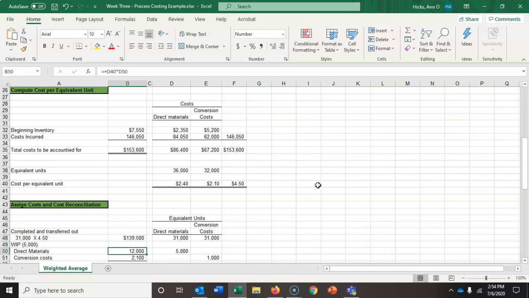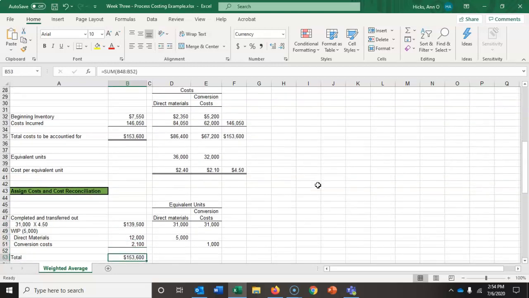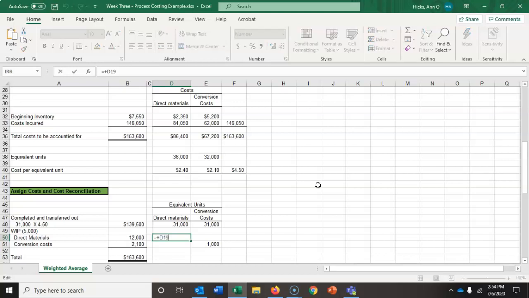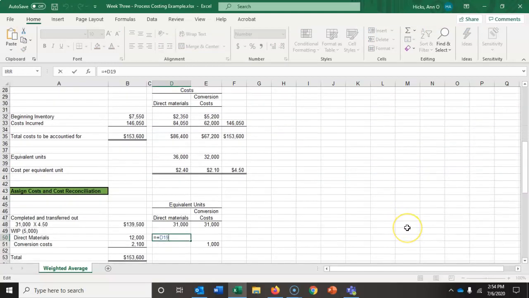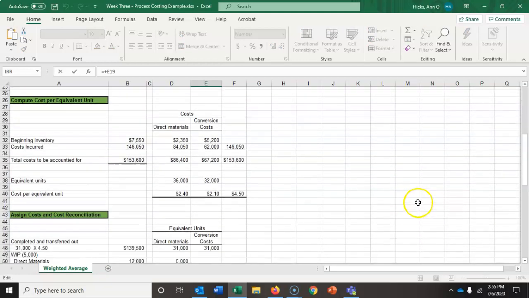Work in process is a little trickier because remember, the work in process units were not at the same level of completion for direct materials as they were for conversion costs. So we had equivalent units of 5,000 for direct materials and only 1,000 for conversion costs.